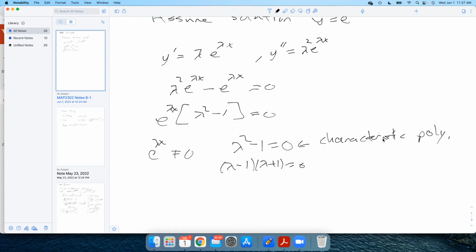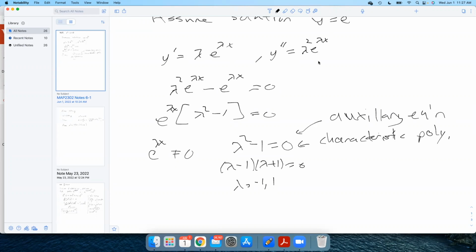Sometimes you'll see it called the auxiliary equation. Auxiliary has two L's, I think. Those are two terms for this equation right here. I tend to use this one, characteristic polynomial. The solutions there are lambda equals -1 and 1.